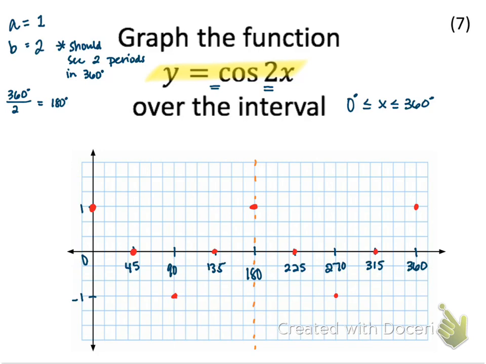So with our line, we're starting up, going down, coming back up, and then just continuing that same motion. So we can see that two periods, two of our wavelengths of cosine, happen within 360 degrees, which represents the B value, and using our period formula, one of those waves then happened in 180 degrees.